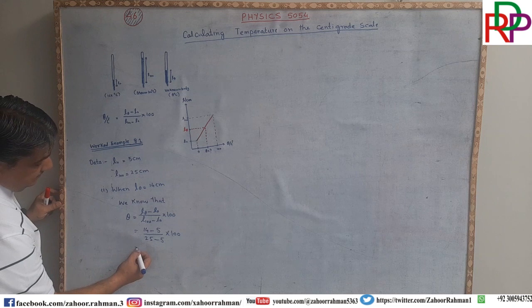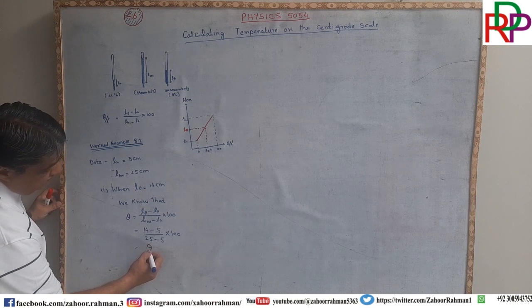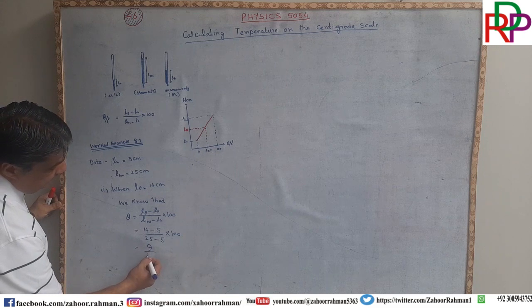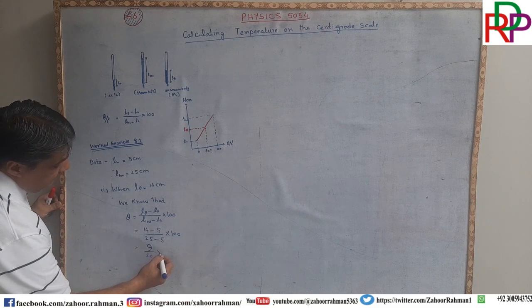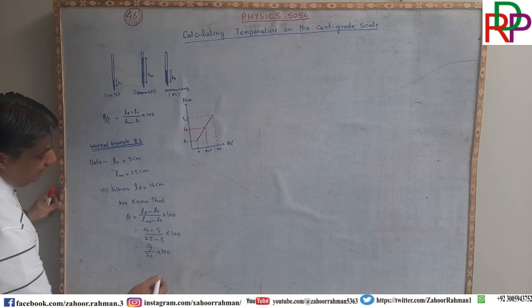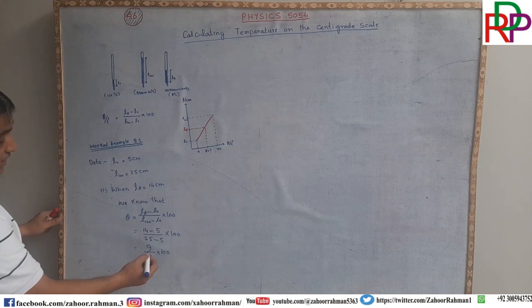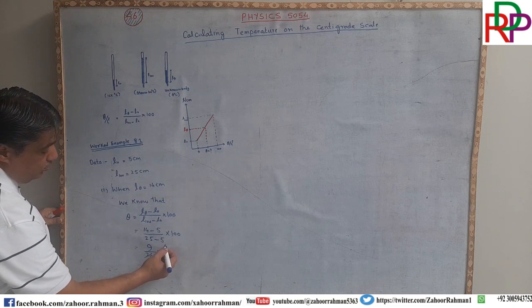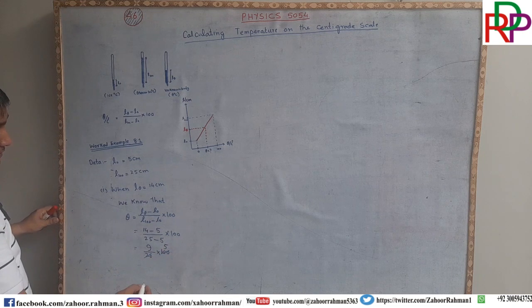Ladies and gentlemen, this will give you 14 minus 5, 9, and that will be 20, and that will be 100. 20 ones are 20 and 25s are.